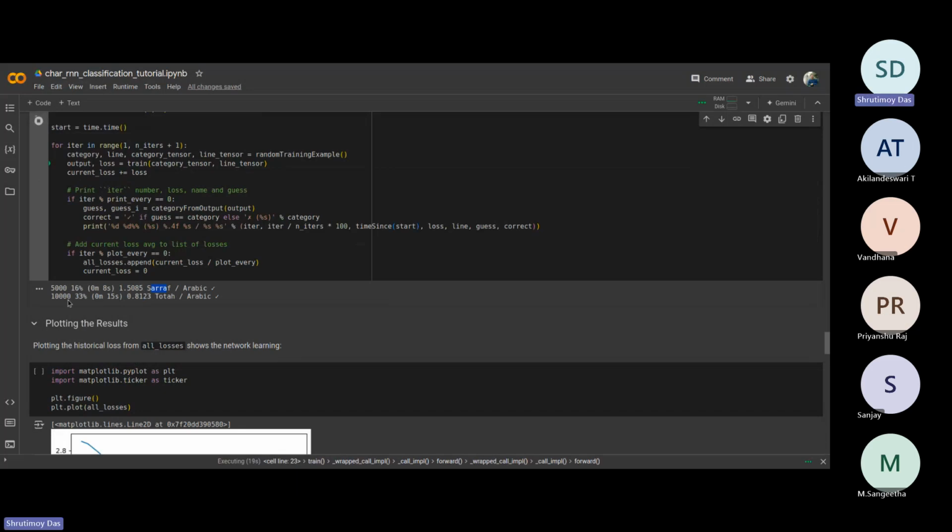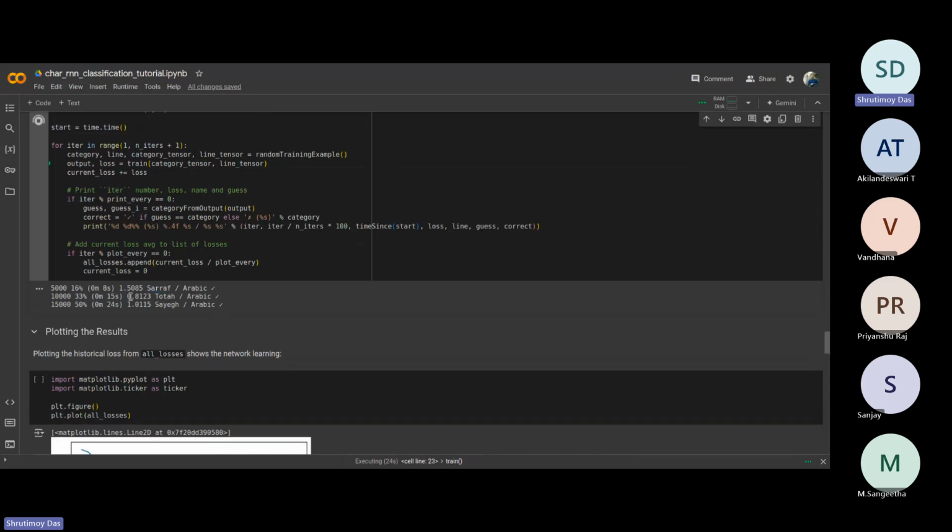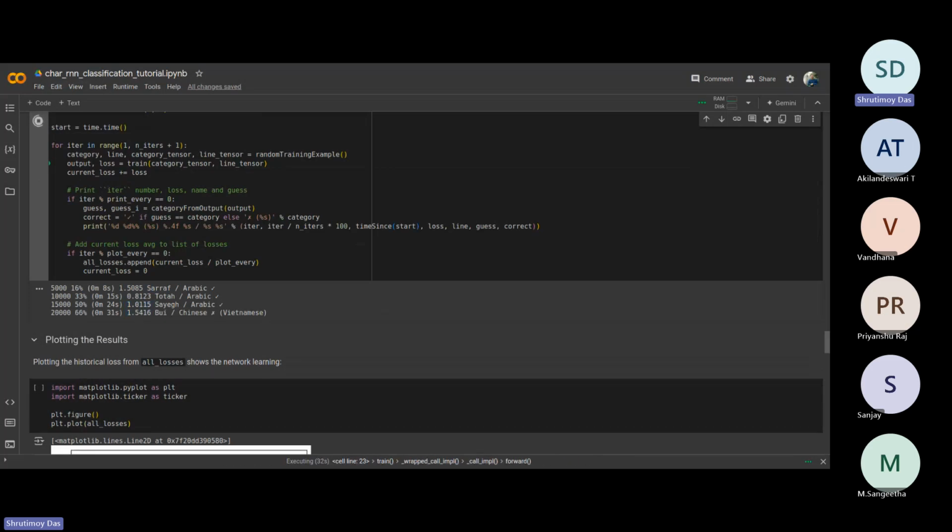After 10,000 iterations, I'm getting a loss of 0.8. So my loss is decreasing, and that is what we want, right? We want my loss to decrease. But now see the loss increased. This is because we're using stochastic gradient descent. So see, my loss is increasing in each of these steps.